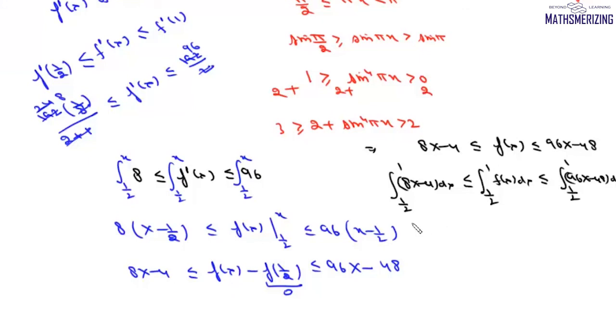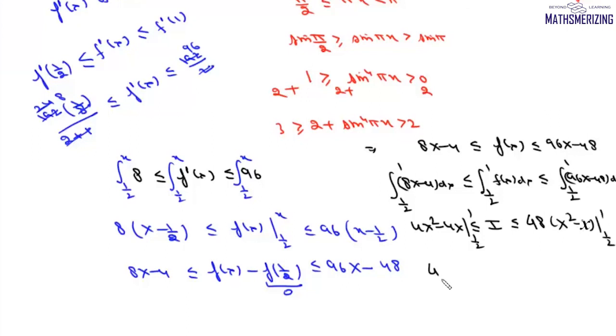So we'll write this as 4x square minus 4x will be less than I, and I will be less than 48 into x square by 2 minus x, with limits from 1 by 2 to 1 on both.